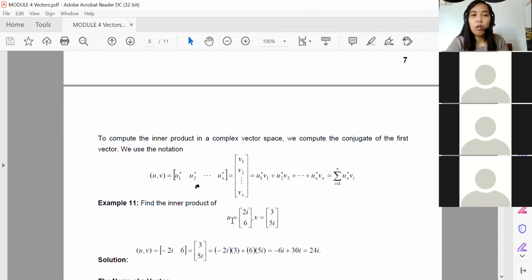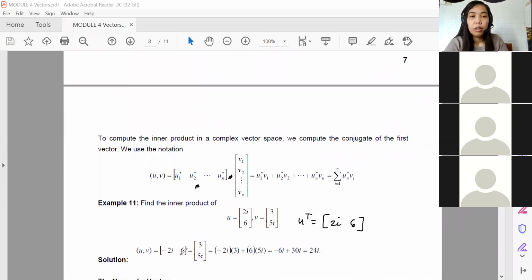Find the inner product of u and v. So this is for complex vector space because some of the elements are complex. So we transpose this, and then when we transpose, we will have 2i and then 6. Get the conjugate. The conjugate of 2i is -2i. Conjugate of 6, 6.